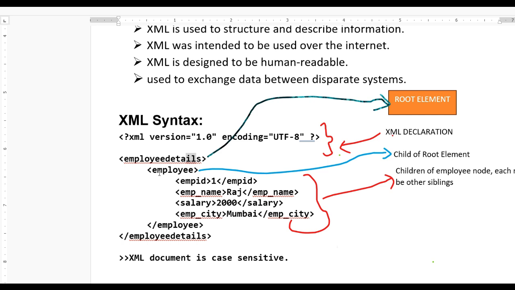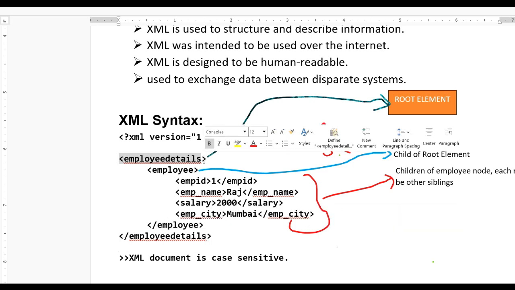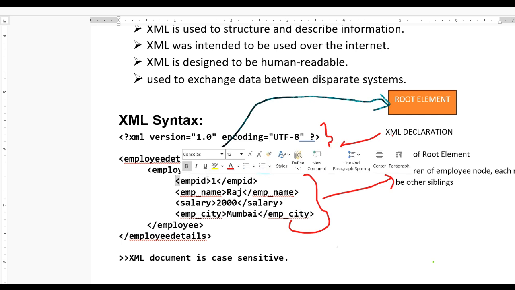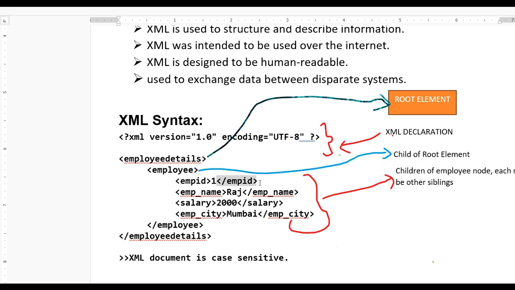And when you see here, each of these nodes must be closed, like employee details, that is the root node, which is closed here at the end. Employee will also be closed here, and the elements inside, like employee id with value 1, are closed. Employee name Raj, closed.